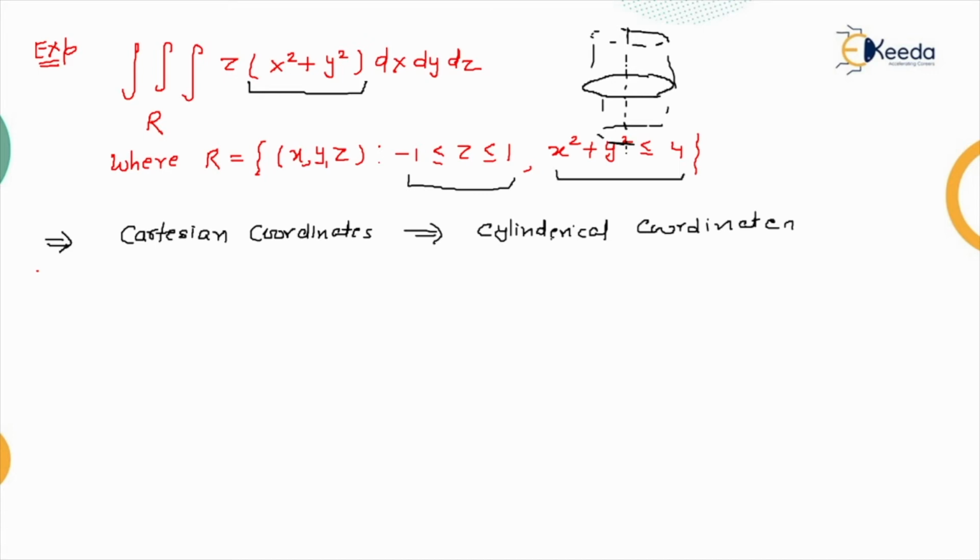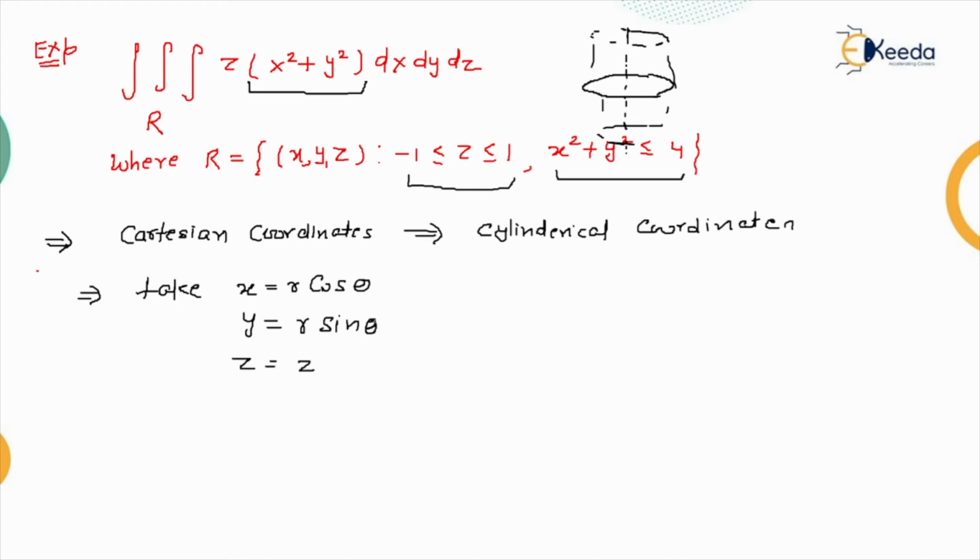So that's why I use the change from Cartesian coordinates to cylindrical coordinates. Now see how we can change. If we are changing Cartesian coordinates to cylindrical coordinates, as I already gave you a lecture on this topic, first of all you need to substitute x is equal to r cos theta and y is equal to r sin theta, and my dear friend, z must be equal to z.